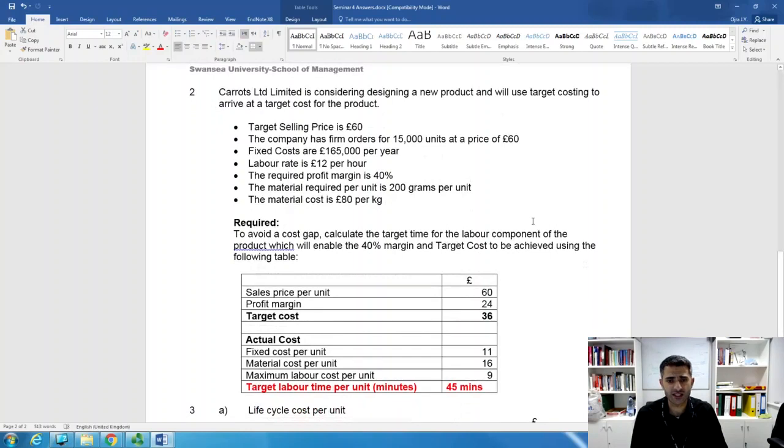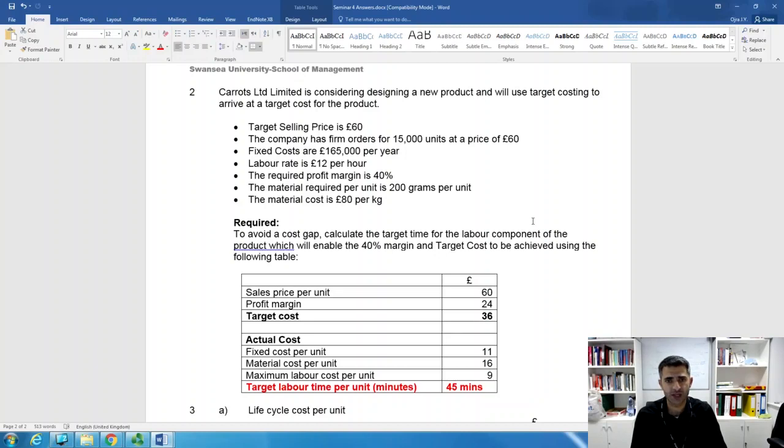So for the target selling price here, we have £60 per unit. The company has firm orders for 15,000 units at the price of £60. So the units so far are 15,000 units. That's fine. Fixed costs are £165,000 per year. Labor rate is £12 per hour.